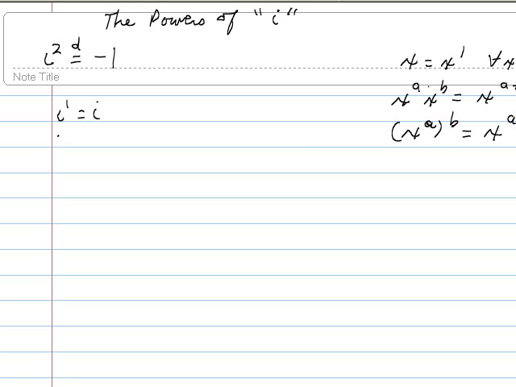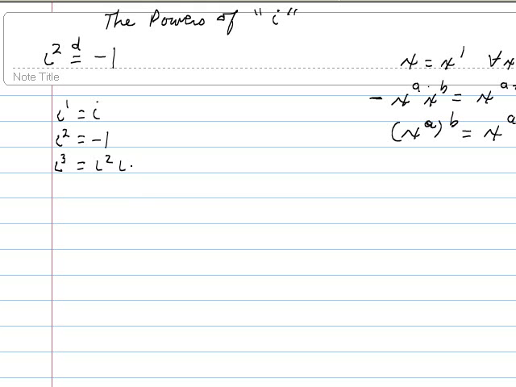We then need i to the 2 power, and i to the 2 power is -1 by the definition of i. We then develop i to the 3 power in the following way. Using rule 2 for exponents, we're going to write i to the 3 power as i squared times i to the 1.